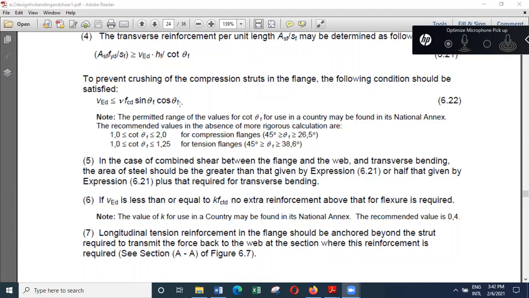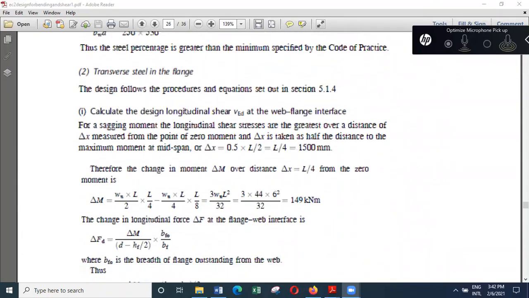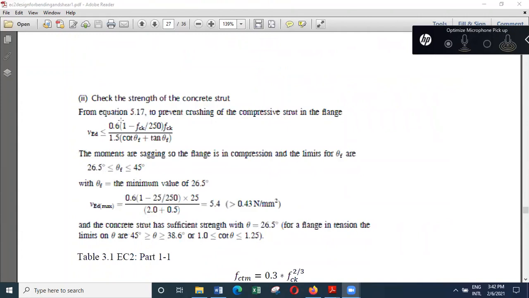And sin theta cos theta can be replaced by 1 over (cot theta plus tan theta). So we look at that equation. The value of nu is given by 0.6 times (1 minus fck over 250), and fcd is equal to fck divided by 1.5. Sin theta cos theta is equal to 1 over (cot theta plus tan theta).